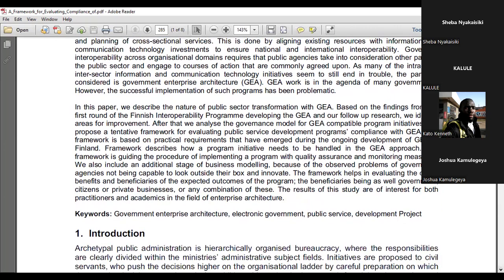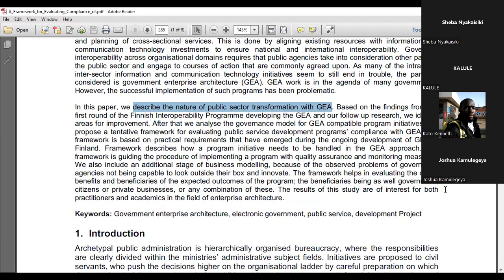In this paper, we describe the nature of public sector transformation with GEA. So here, the objective is to describe. It's not an implementation, it's a description. So this is a descriptive research.